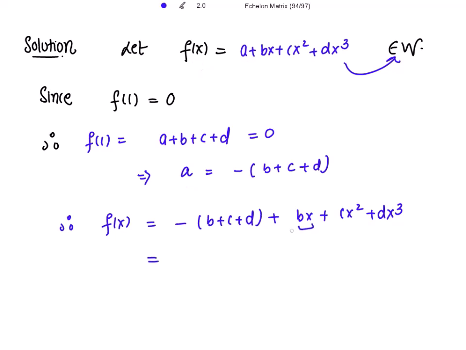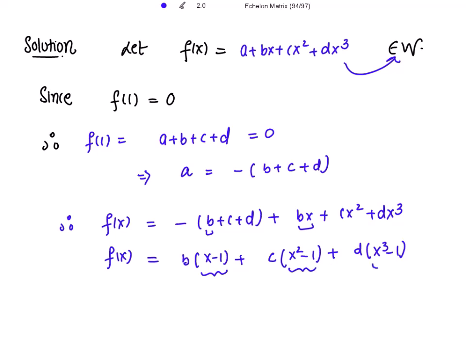Let's take b common from these two terms, so this is b(x - 1). Similarly, taking c common, this is c(x² - 1). And then d(x³ - 1). So what we see is that f(x) is a linear combination of x - 1, x² - 1 and x³ - 1.